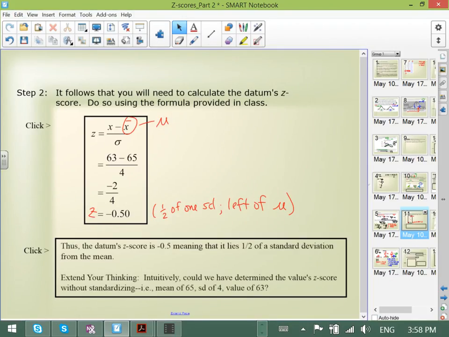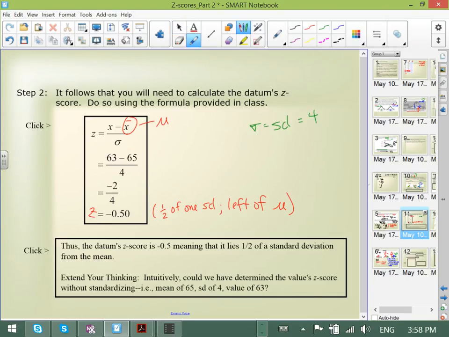Now, intuitively, we could have thought about it this way. How could we have determined the z-score without it? A mean of 65, an SD of 4, a value of 63. Well, if 1 SD is equal to 4, and 63 versus 65, we can see a difference of 2.